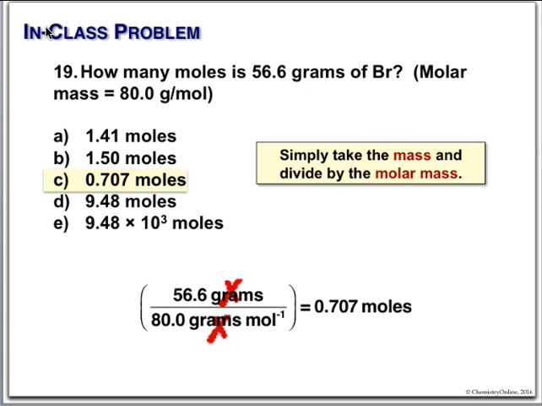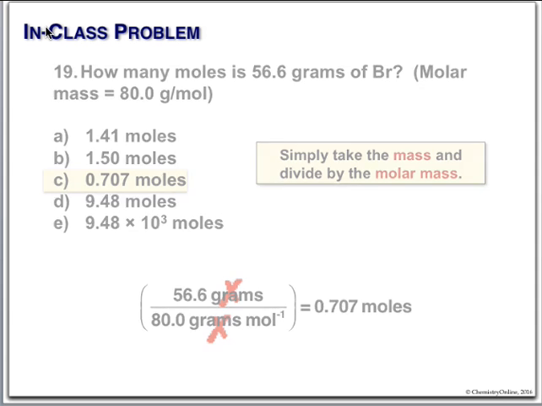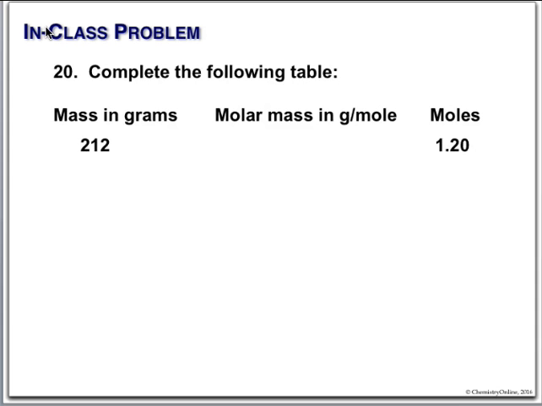And our very last one here. See how simple it is to go through this exam? It's a very simple table. We're given mass, we're given moles, and we want to do molar mass. What have we said 8 times now? Mass divided by moles is molar mass, right?